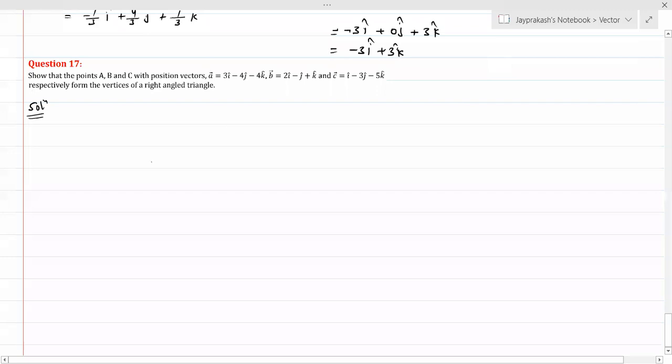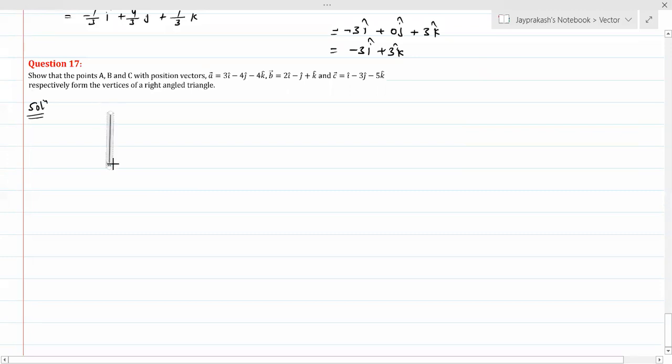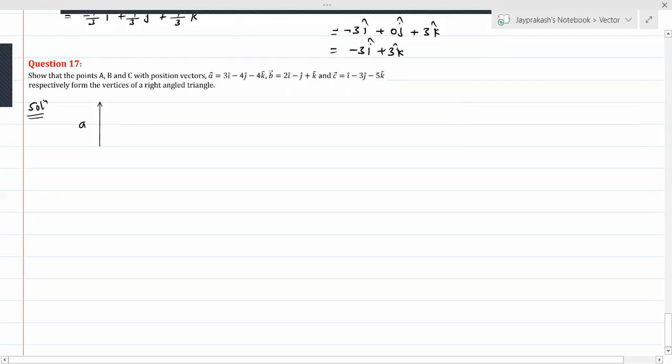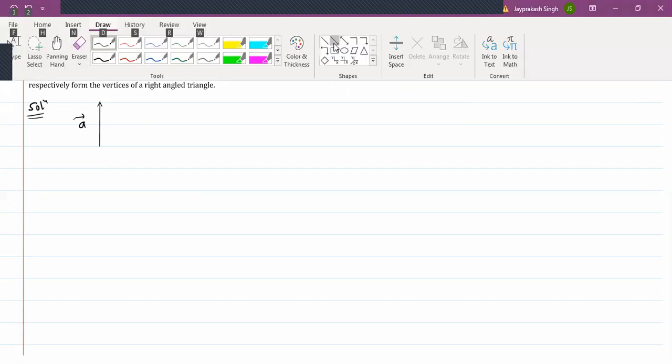Vector means what? Suppose we are having the vector in the form of this. ये vector A represent कर रहा है. I have written in the wrong way here, from lower to upper side. So this is the vector A. I don't know whether B is the hypotenuse or A is the hypotenuse.